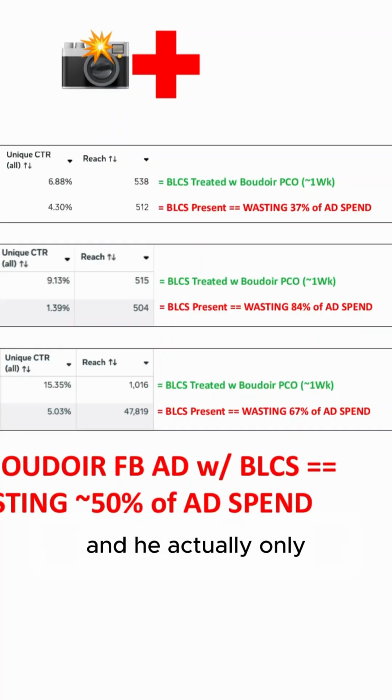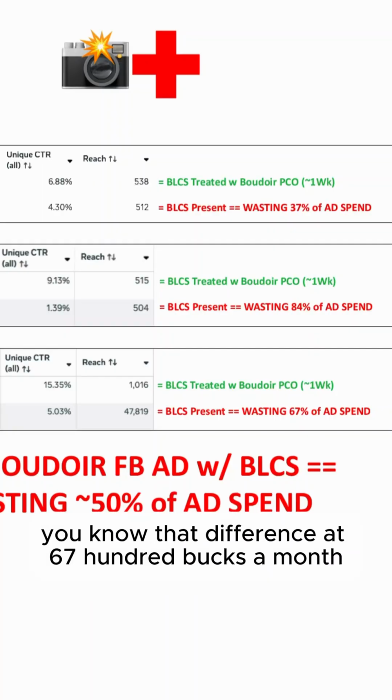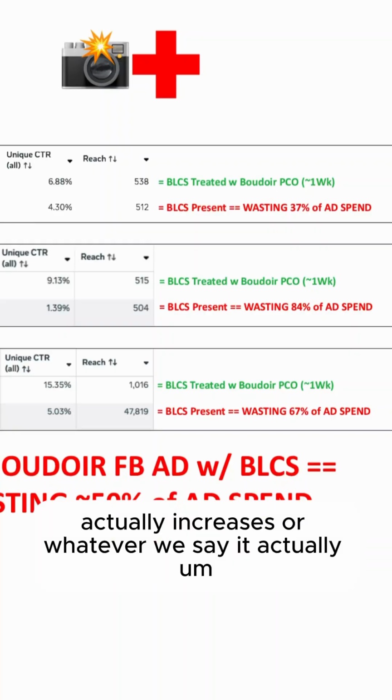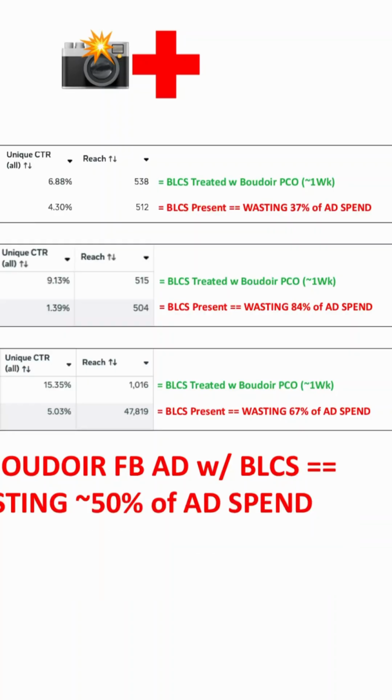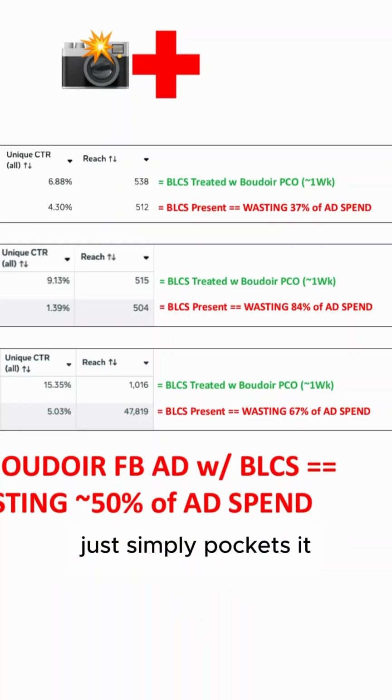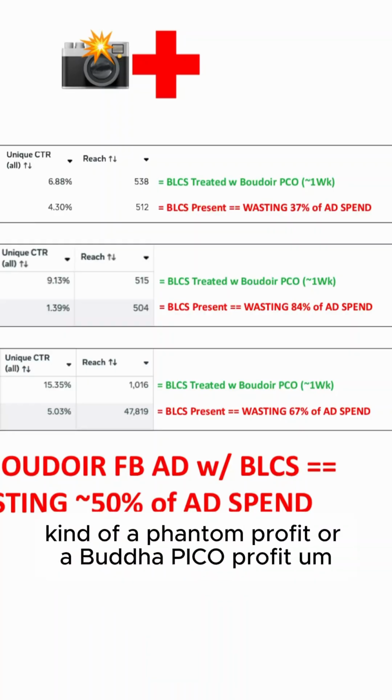That difference, $6,700 a month, he basically doesn't have to spend, just simply pockets it, kind of a phantom profit or a Boudoir Pico profit.